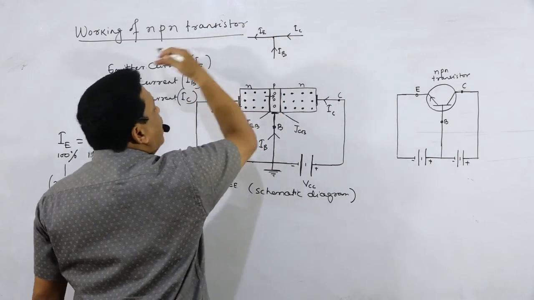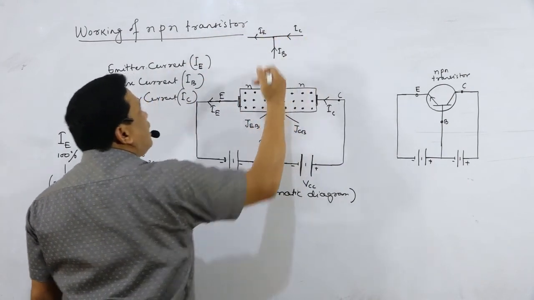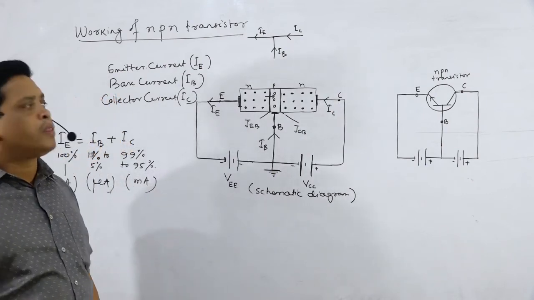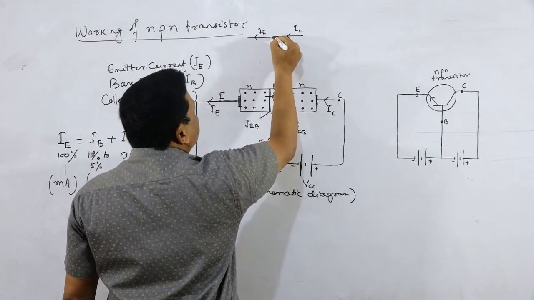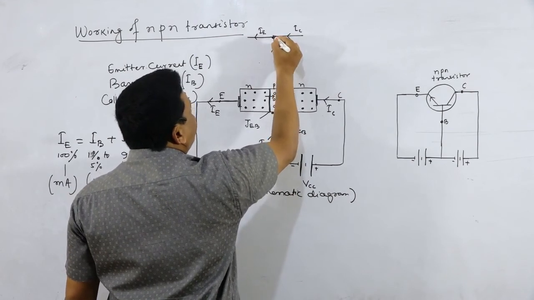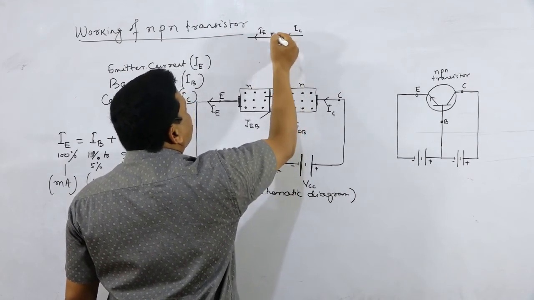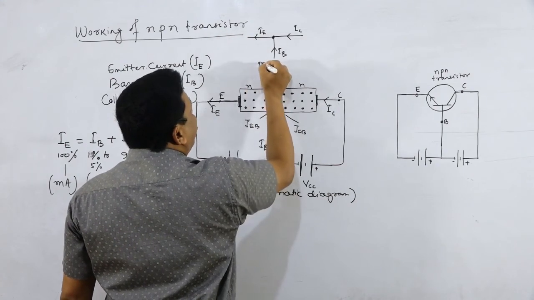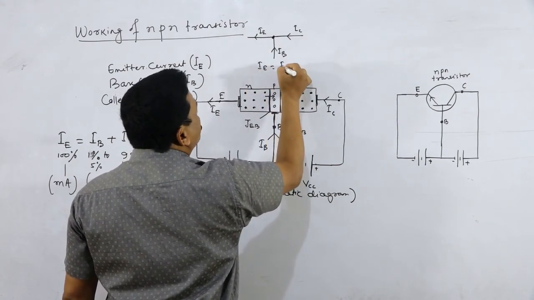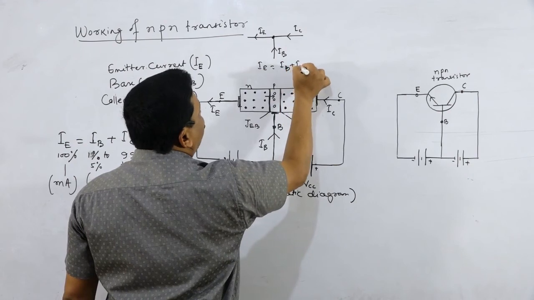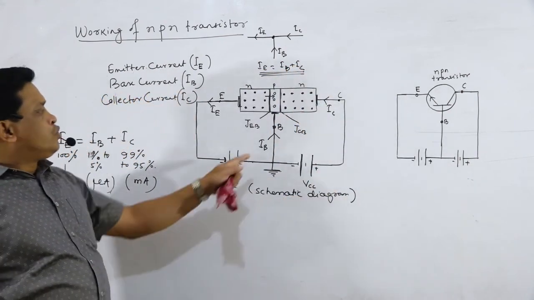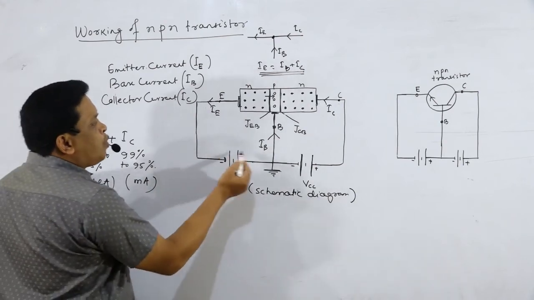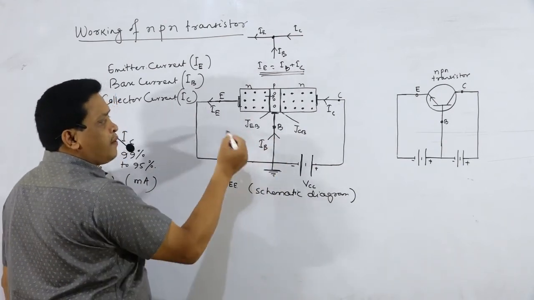Therefore, if you apply Kirchhoff's current law here, the net input current is equal to the net output current. So IE is equal to IB plus IC. So this is how the current flows in the transistor section.